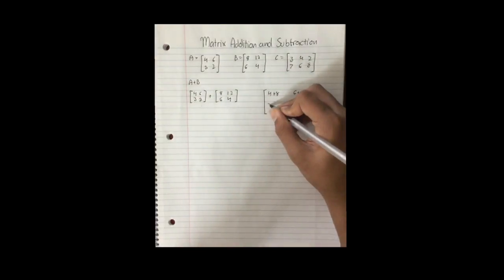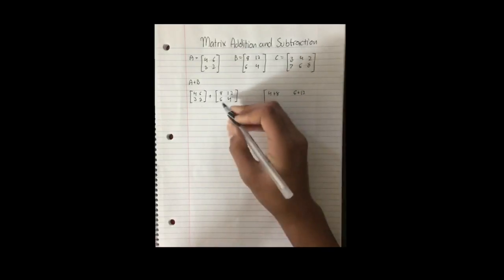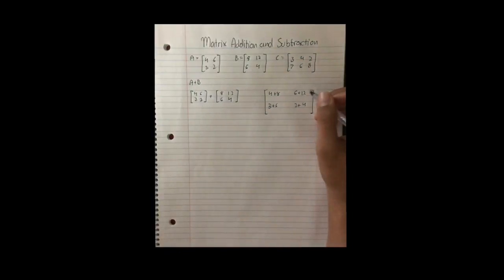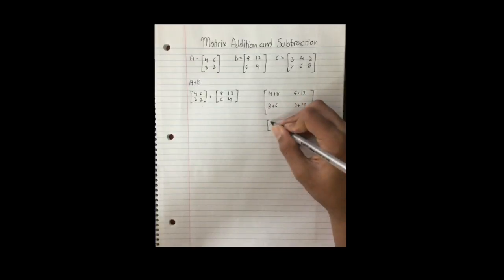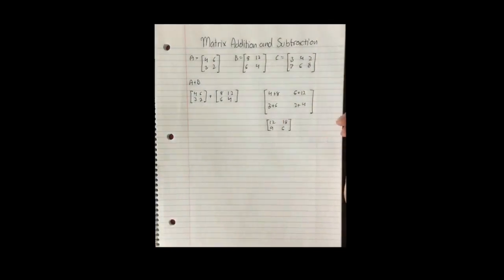So 3 plus 6, and then 2 plus 4. Now just to finish it, you just want to simplify this, and you have your finished added up matrix. It's simply going to be 12, 18, 9, and 6. So that's basically how you add matrices.